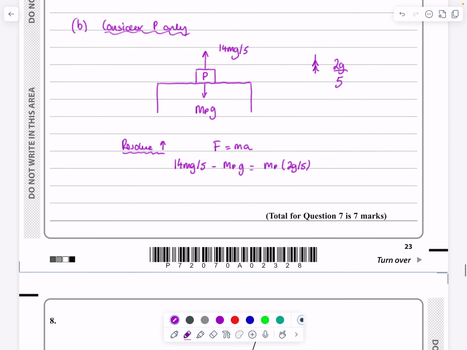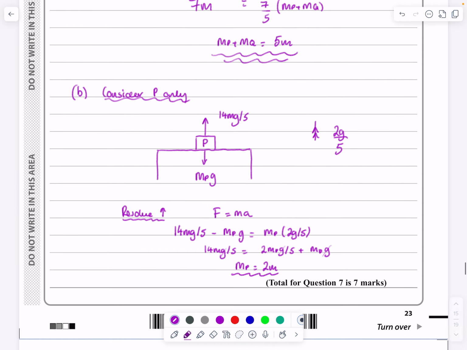So if we tidy that up and rearrange it, I'm going to get 14mg over 5 is equal to 2mpg over 5 plus mpg, again the g's can cancel, rearrange it, that'll be 7mp over 5, but let's just do it because I haven't got any space here, you can work that out for yourself. mp will just work out to be equal to 2m. Might have taken slightly longer than that, but I've run out of space on the question there.